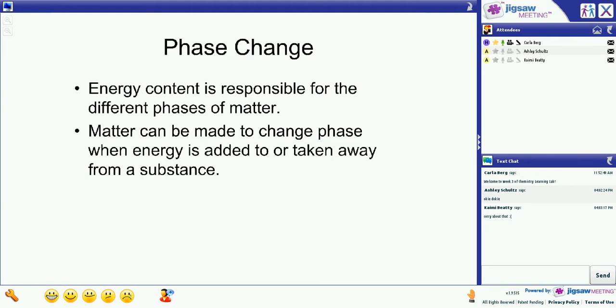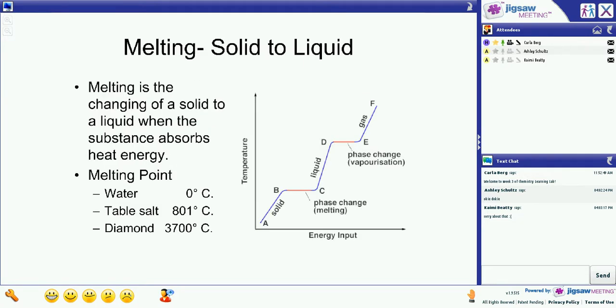So energy content is responsible for the different phases of matter. Matter can be made to change phase when energy is added or taken away from the substance. It goes both ways. Water can become ice, ice can become water. Melting is when something changes from a solid to a liquid, when the substance absorbs heat.